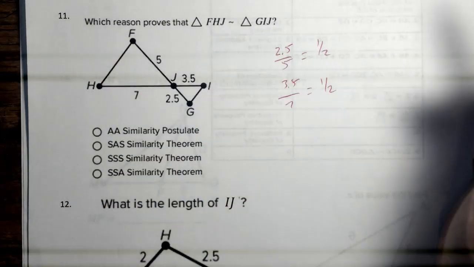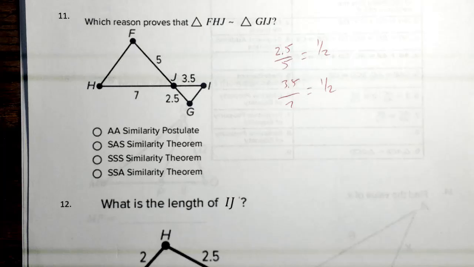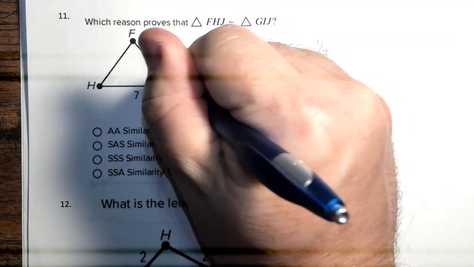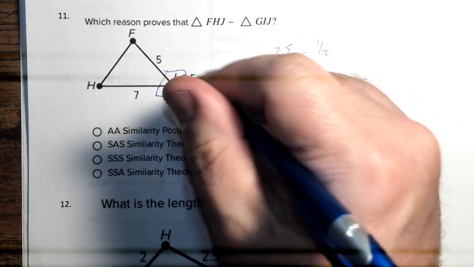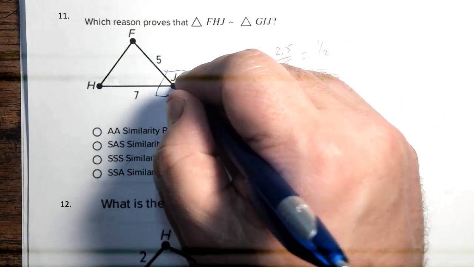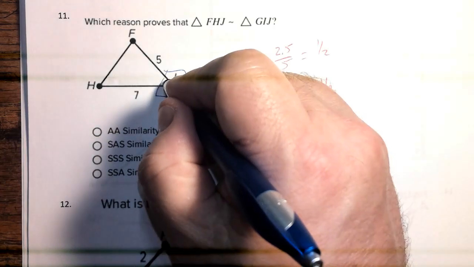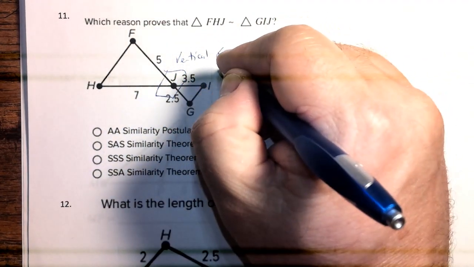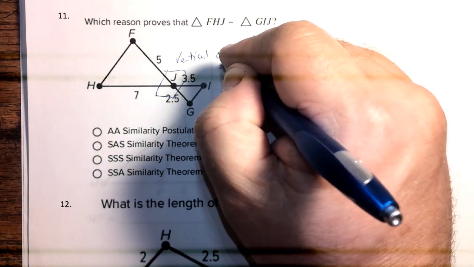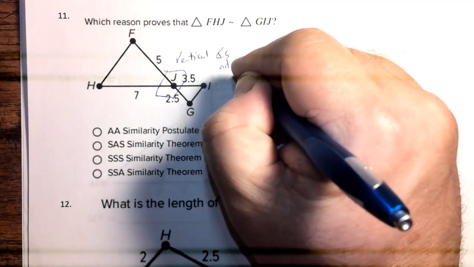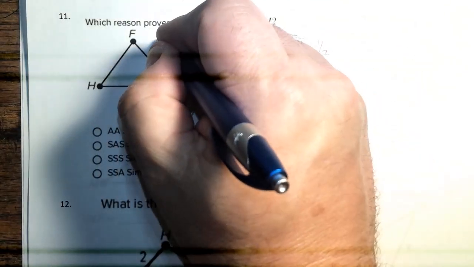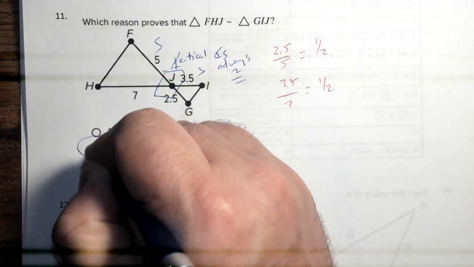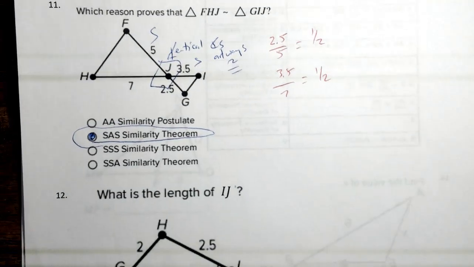We don't know the third side, but hopefully you guys have already remembered: FJH and GJI are vertical angles right here, which are always congruent. So we have a side, an angle, and a side.